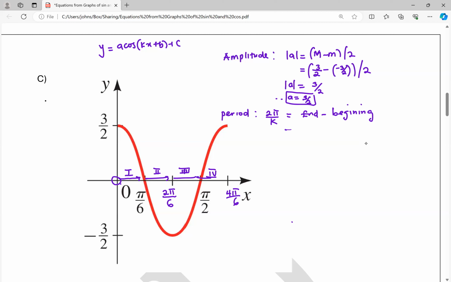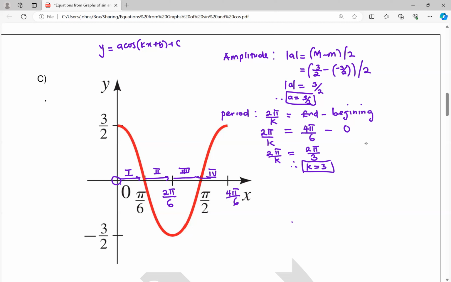So it means that the end now is 4 pi over 6, which is the same thing as 2 pi over 3, minus the beginning, which is 0. So this is what you have, 2 pi over k. This you can easily write as 2 pi over k is 2 pi over 3. And this makes it easy to see that k is equal to 3.